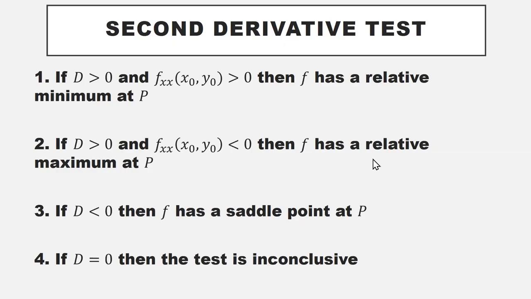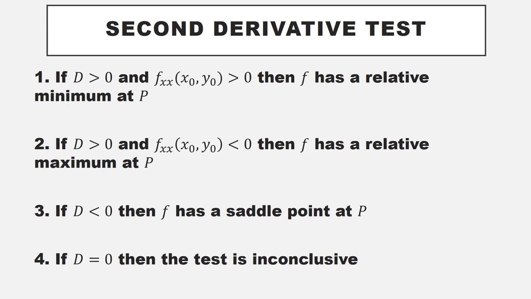If you're looking for an absolute extrema over a bounded region, you can just plug in. You don't have to use these rules. The biggest output that's an option is going to be the absolute max.